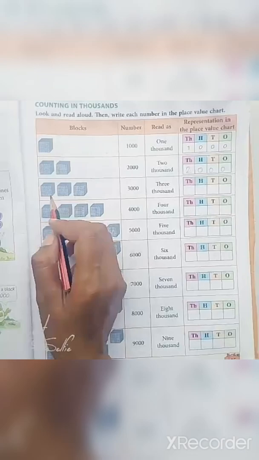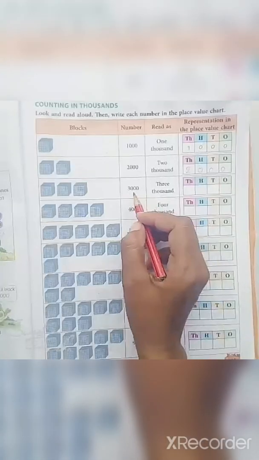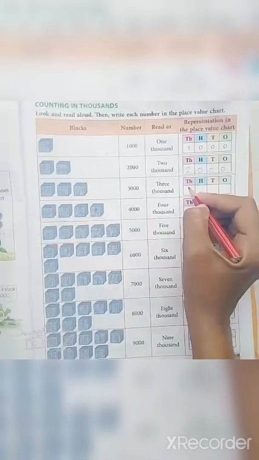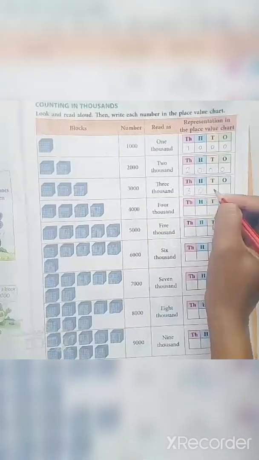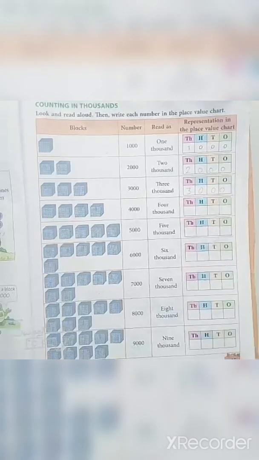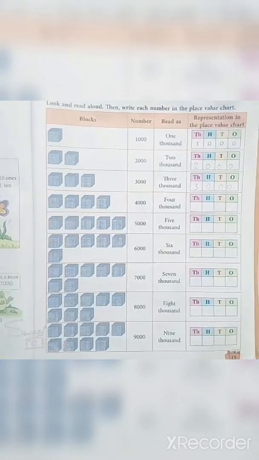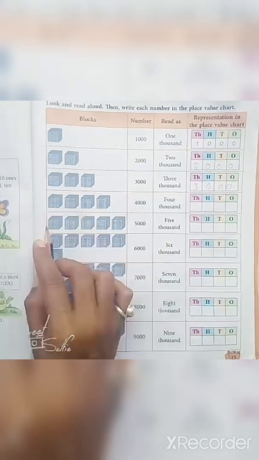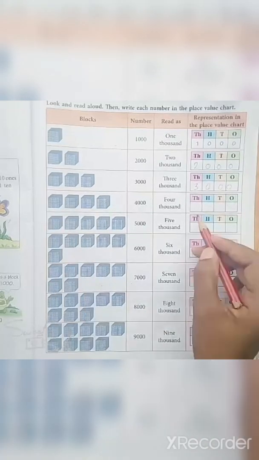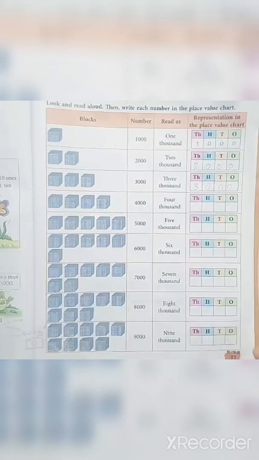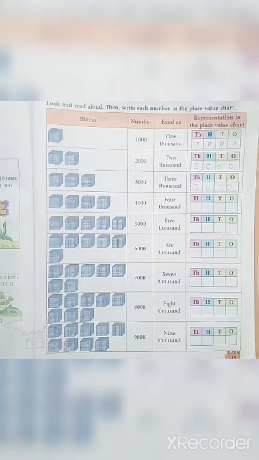So tell me, here it will be 3000. And how can we write 3000? 3000. Okay? Similarly, you have to count all these boxes and fill in here. You have to represent numbers in the place value chart.